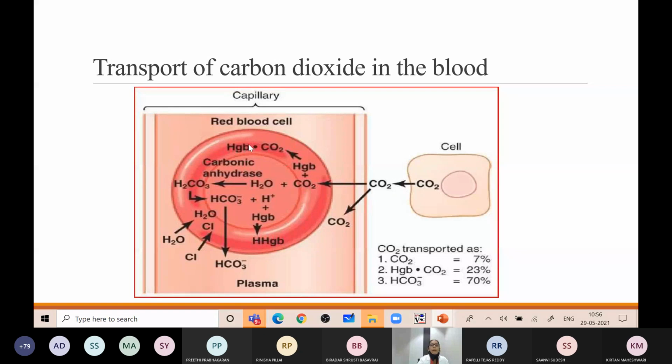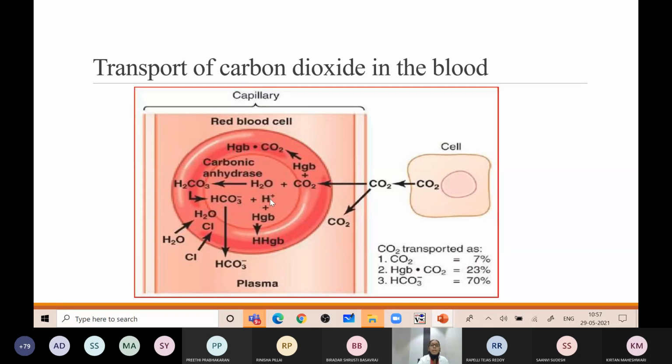Some amount combines with hemoglobin, that is carbaminohemoglobin, around 23%. But the maximum will undergo this reaction: carbon dioxide combines with water in the presence of carbonic anhydrase enzyme to form carbonic acid. This is a very unstable compound, so it dissociates into HCO3 minus and H plus.